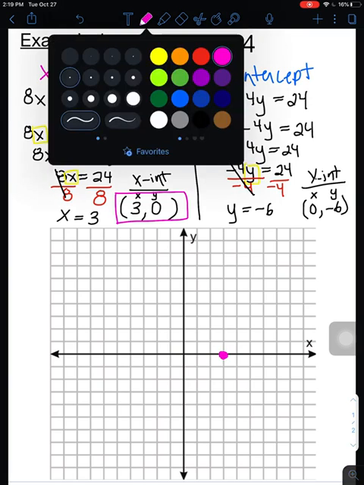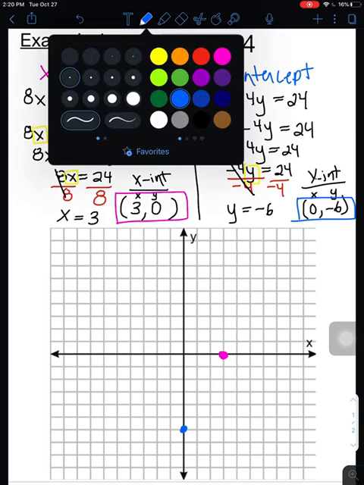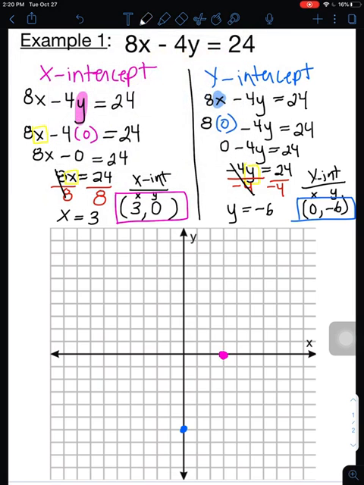And then I'm gonna plot my y-intercept, which was 0, negative 6. So on my x-axis, I'm gonna stay at 0, and then I'm gonna go down to negative 6: 1, 2, 3, 4, 5, 6. Okay. And then I'm just gonna connect the two.